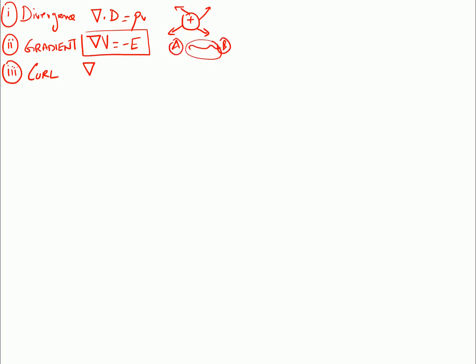That is represented by the gradient. And now we are having a curl of the magnetic field. So curl of the magnetic field will equal the current density, and this is your second Maxwell's equation as well. So curl basically talks about circulation per unit area, something that is moving. What is circulating? Obviously the magnetic field.